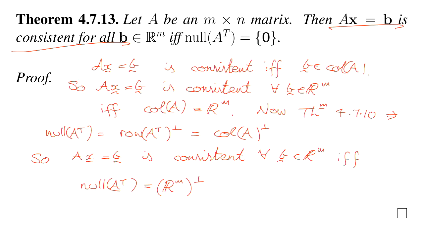So if you want the column space to be all of Rm, the co-kernel has to be the orthogonal complement of Rm. The orthogonal complement of Rm is the set of all vectors that are orthogonal to absolutely every vector in Rm. Now, how many vectors are orthogonal to every single vector in Rm?